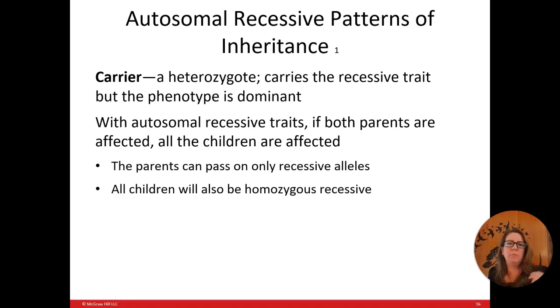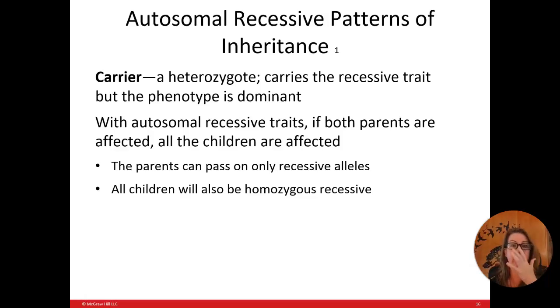Okay, when we have an autosomal recessive type of inheritance, that heterozygote, that individual that is carrying a recessive allele causing the disorder or the affliction, has a special name called carrier. We don't usually use carrier for a heterozygous individual with brown eyes, right?